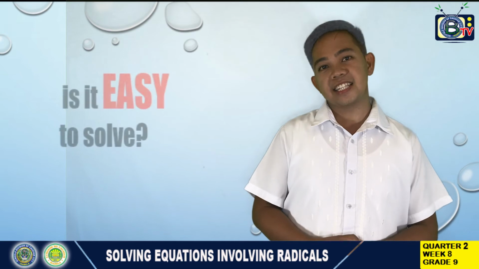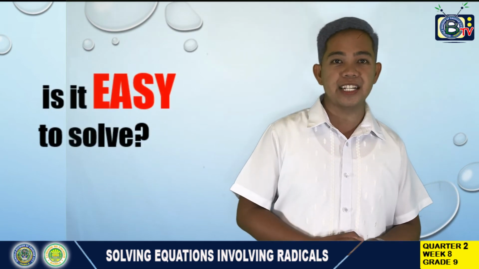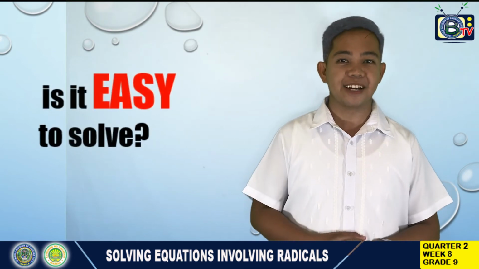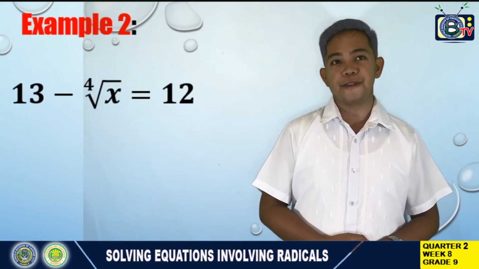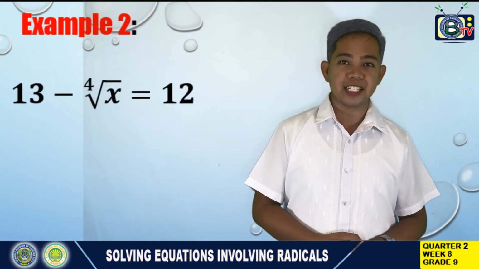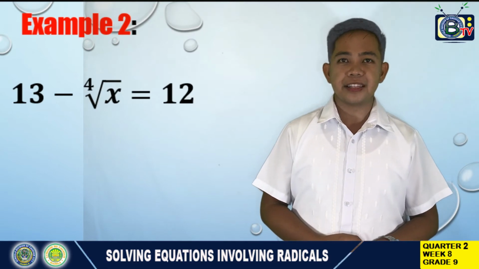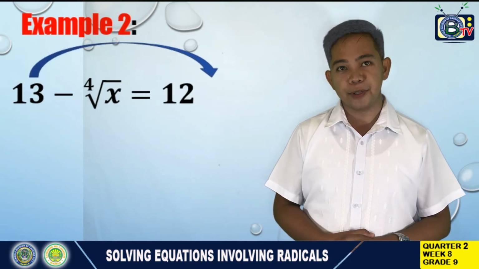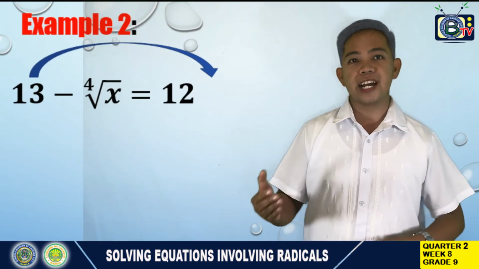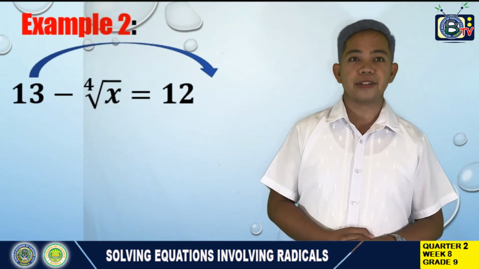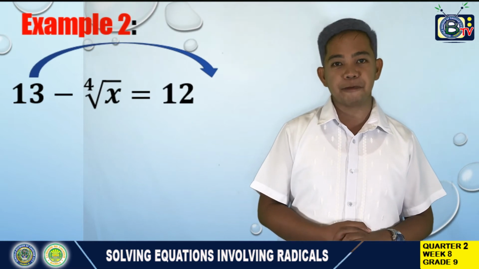Class, is it easy to solve equations with radicals? Let's have another example. We have 13 minus the fourth root of x is equal to positive 12. In this case, we need to transpose first the constant positive 13 to the right side of the equation before we apply the first step.